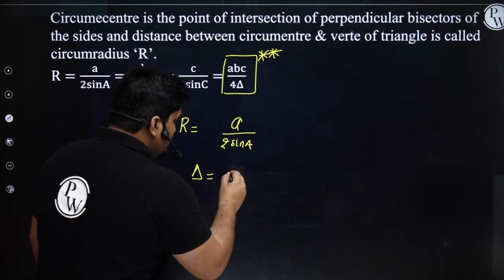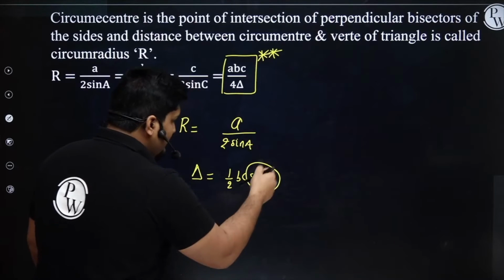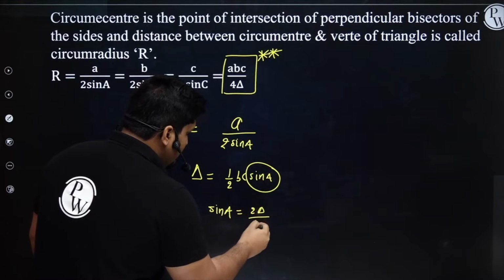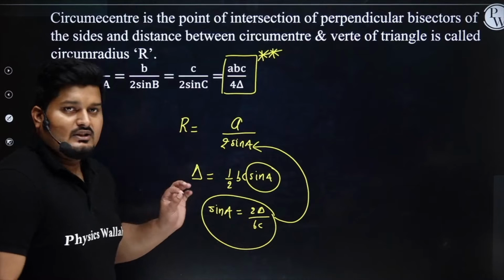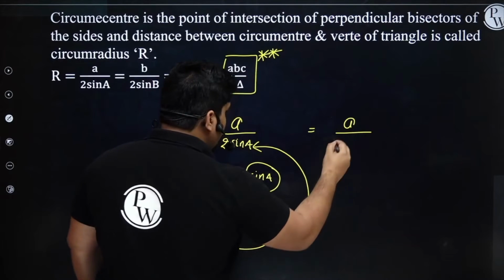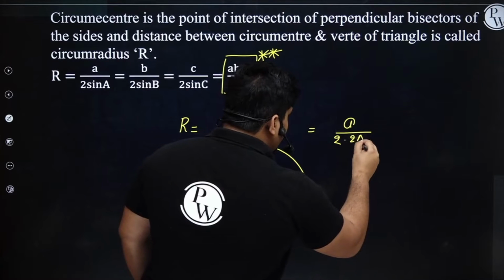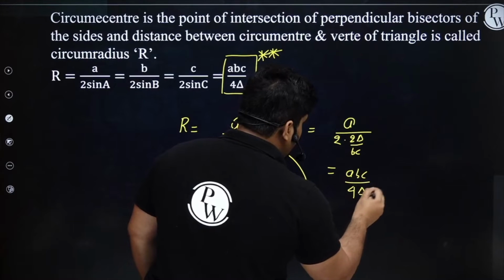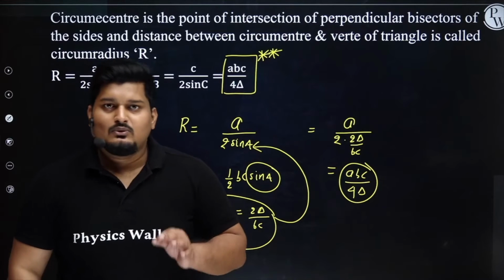Delta is the area, which is half BC sine A. So from here I can find sine A. It will be 2 delta divided by BC. Replace sine A here, so this will be A upon twice 2 delta divided by BC. So that is ABC divided by 4 delta. That is the result, ABC divided by 4 delta.